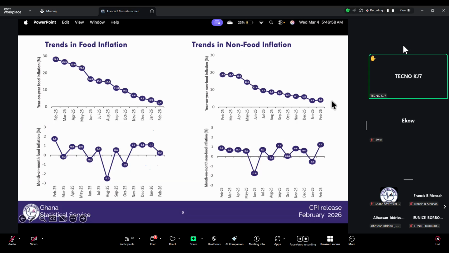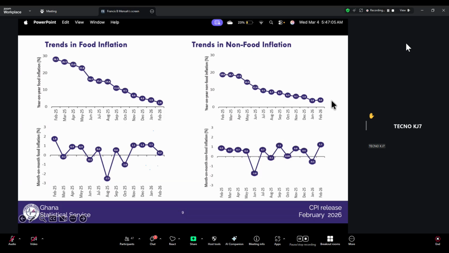Now, you realize that annually, we have a season of glut in our domestic food production. But there are points where these same things become very expensive. For instance, today, 5 pieces of tomatoes are being sold at 20 cedis, etc.